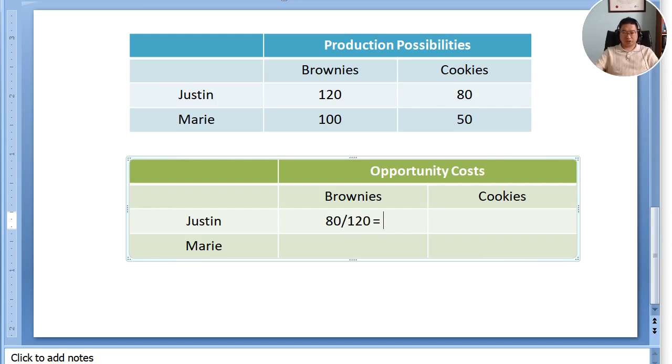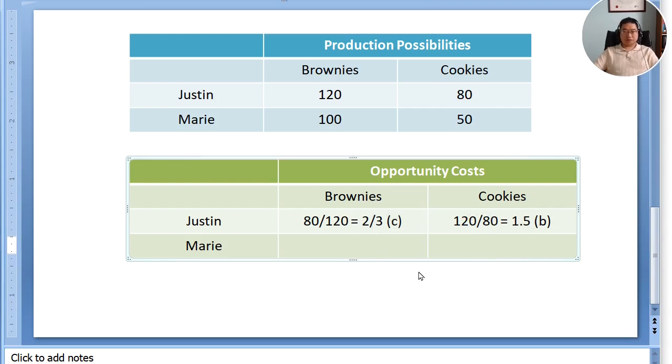This is basically 2/3, and it's cookies. And then for cookies, we measure its opportunity cost using brownies. 120 divided by 80. This is 1.5. So for one cookie, this is brownies. For one cookie, Justin has to give up 1.5 brownies.